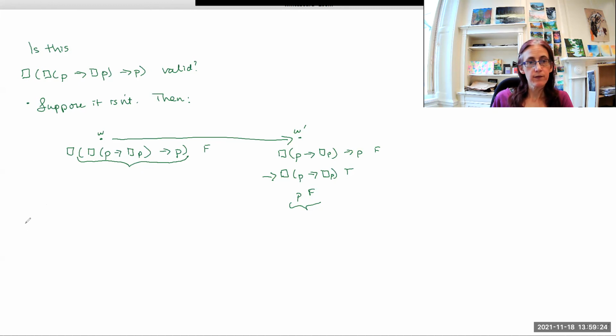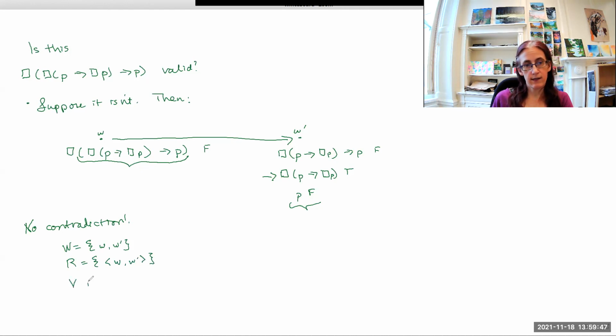So what we have is no contradiction. This is a falsifying instance of this formula. And what we can say is that W consists of the set little w and W prime. R is the pair W, W prime.